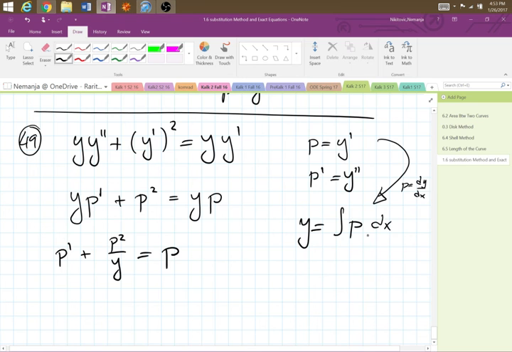When you plug everything in, your y double prime is replaced by p prime. The y prime is replaced by p, and then it's going to be squared, equals y stayed y, and then p replaced y prime, and then I divided through by y, and I got this mess.